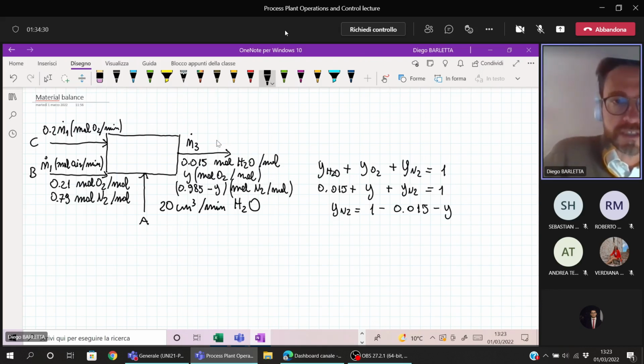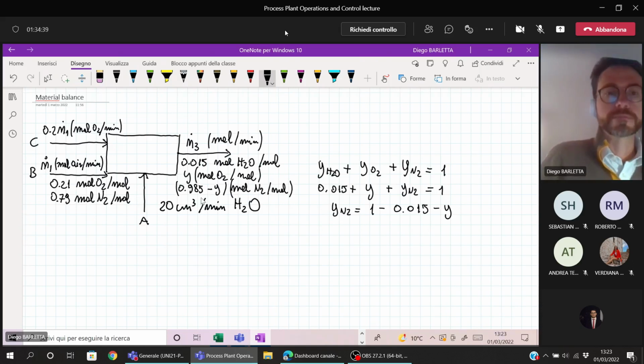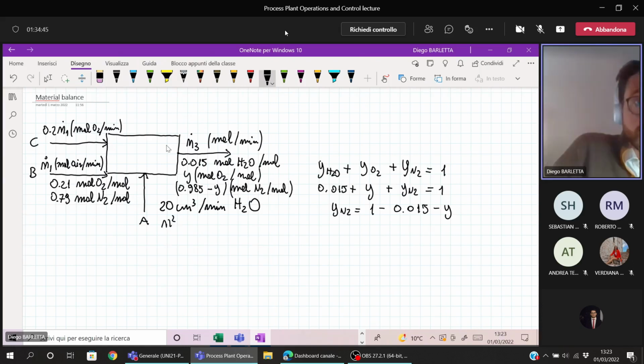Okay, so this is in terms of mole divided by minute. And in fact I could report here n2 dot, with 2 as a subscript.